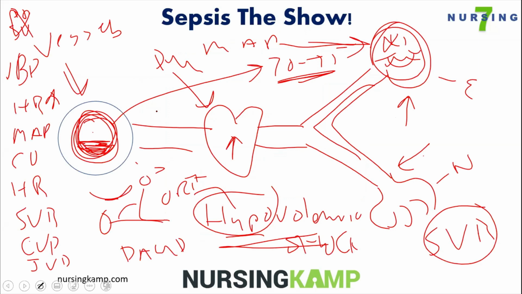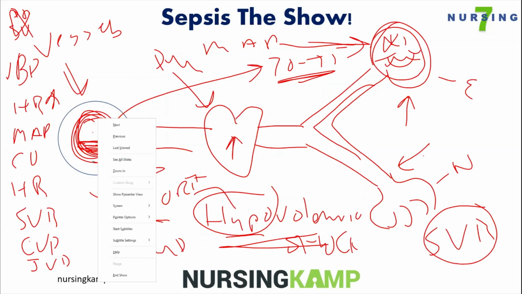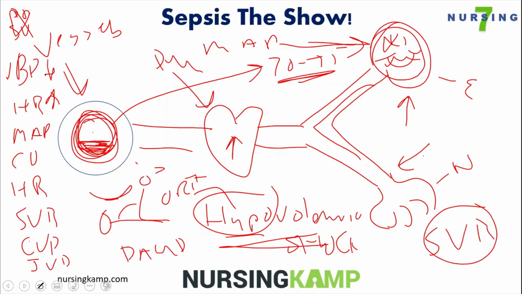All right, so let's walk through it. So the blood pressure, would it be high or low? Well, there's no volume here, right? So the blood pressure will be low. Heart rate will be up, which makes sense. So the mean arterial pressure, well, there's not enough blood and there's not enough volume, so mean arterial pressure will be low. All right, so what about cardiac output?